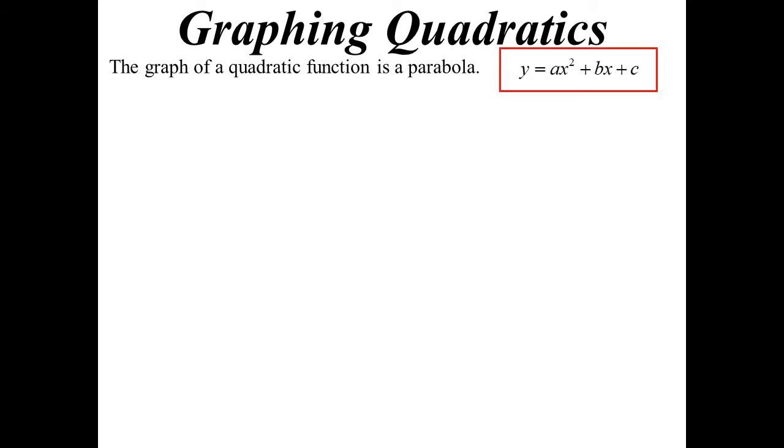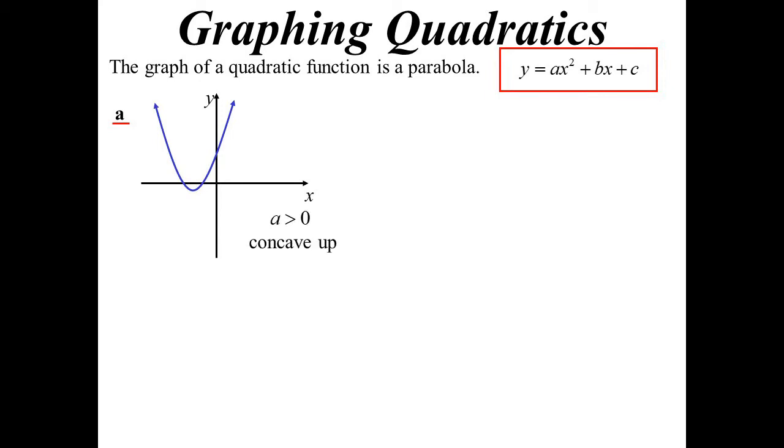All right, we want to graph quadratics then. That's what we're talking about at the moment, graphing our functions. We know it's going to end up being a parabola. So there's our standard one: y equals ax squared plus bx plus c. Now a, b and c all give us different bits of information. A talks about what we call the concavity of the curve. So if a is greater than 0, that's concave up.